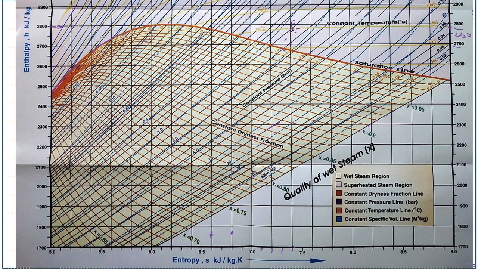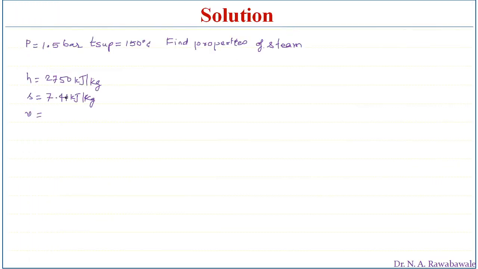So the specific volume of steam at point P is approximately 1.4 meter cube per kg.